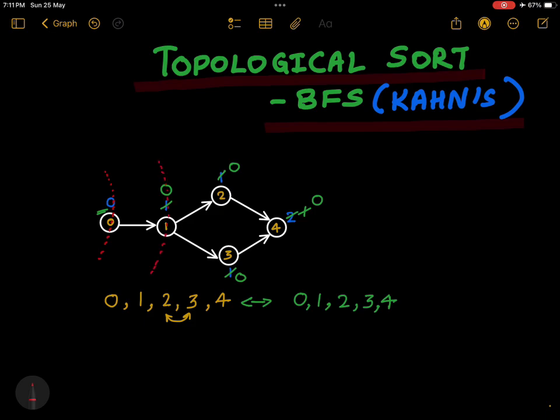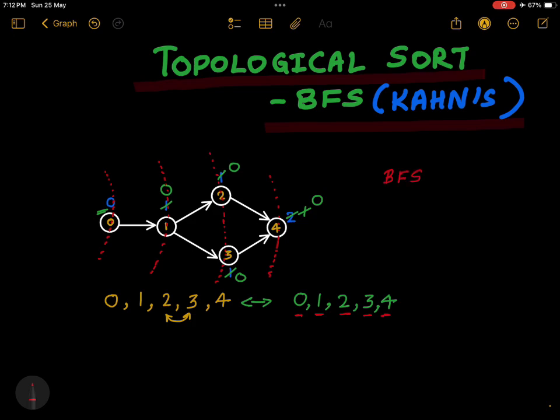So this will become 0 and it will become independent. So we will process 1 as well. Then from 1, we travel to 2 and 3. And because the 1 dependency is removed, the in degree of 2 and 3 will become 0. Then we will process them because they became independent. And finally 4 became independent because both of its dependencies, which are 2 and 3, got processed.